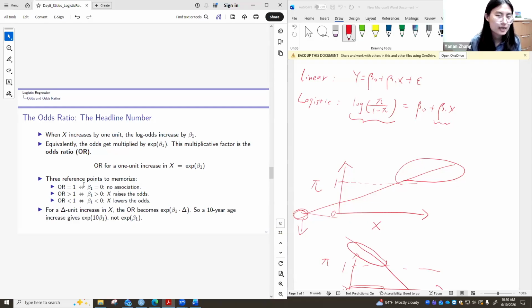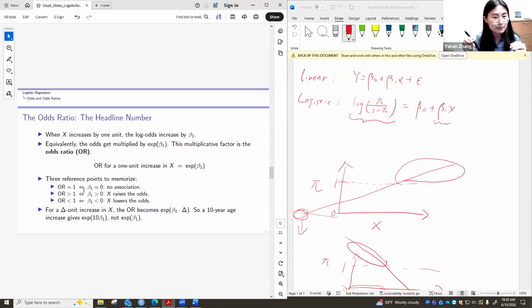If you take the exponential of 0, we get a value of 1, which means the odds ratio equals 1. The ratio of two things equals 1, which means the odds in the numerator equal the odds in the denominator.